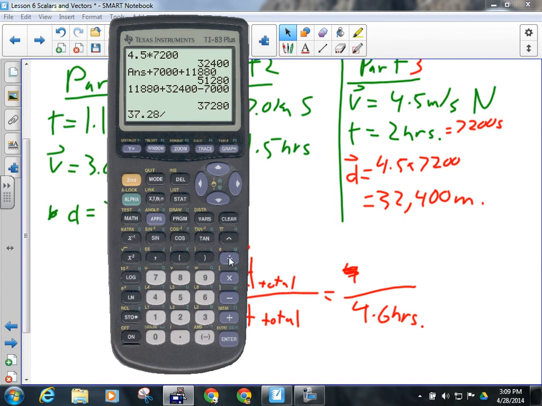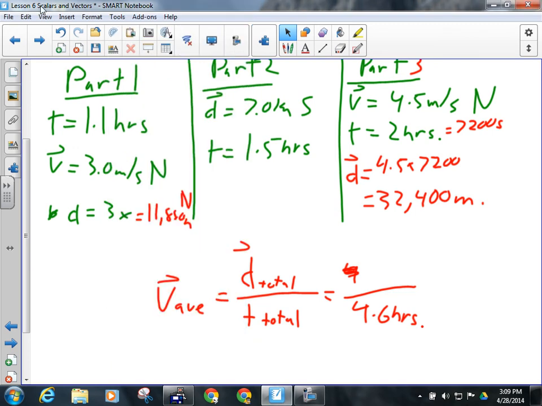Divide that by the time, 4.6 hours. They walk at 8.1 kilometers per hour north, because it's a velocity, right? So my final answer there would be 8.1 kilometers per hour north.